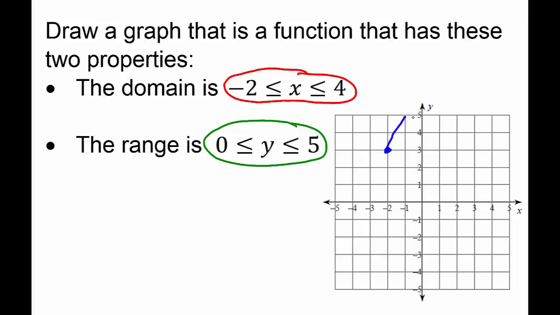As we make our way right, we'll drop down to 0 for the y value. So now we have y's going from 0 all the way up to 5. But we still need to get x's all the way over to 4. Looking at the x-axis, this graph goes from -2 to 4.